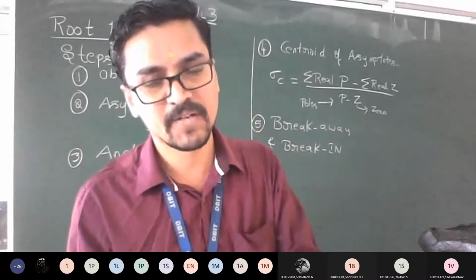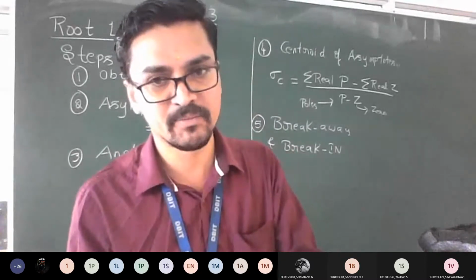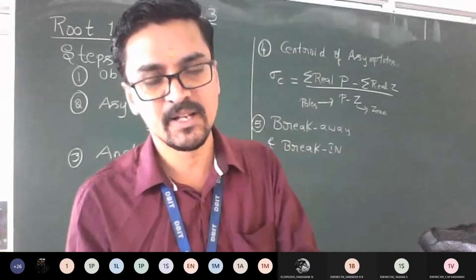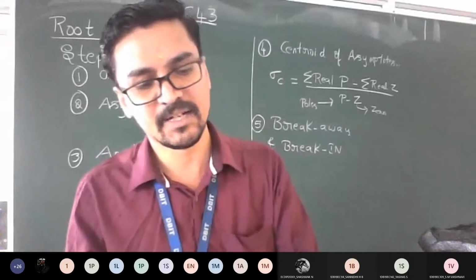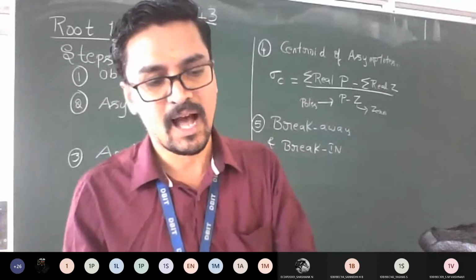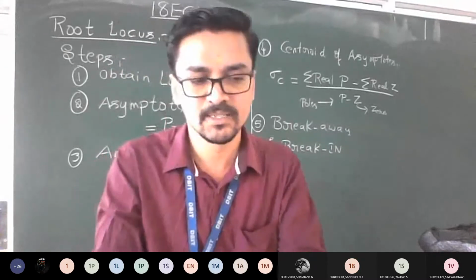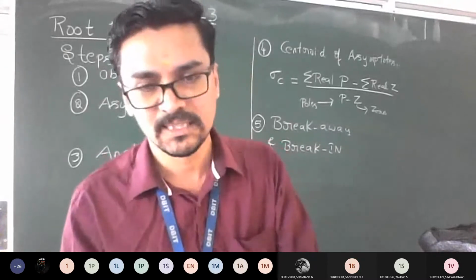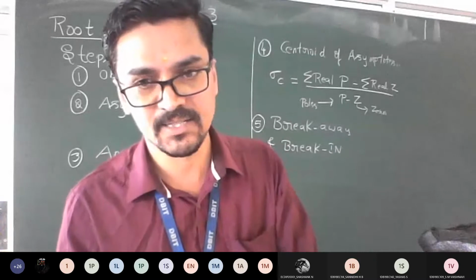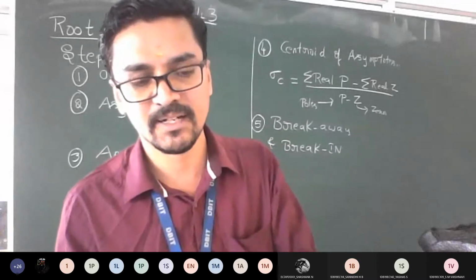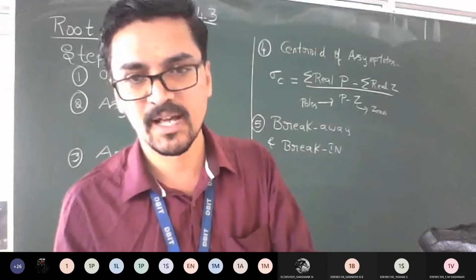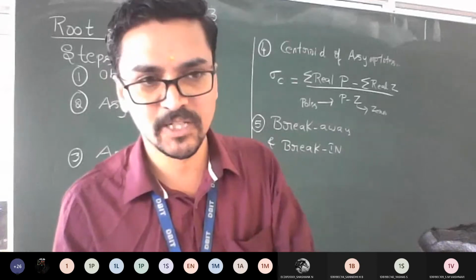If breakaway points are complex conjugate, nothing but imaginary, then use the angle condition to check their validity. We'll discuss the angle condition later.